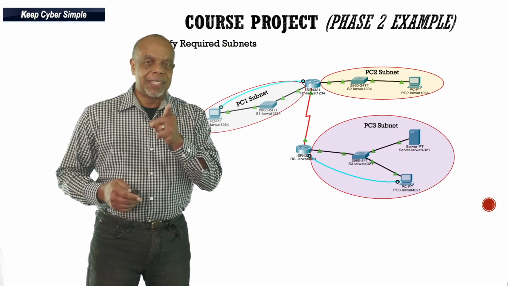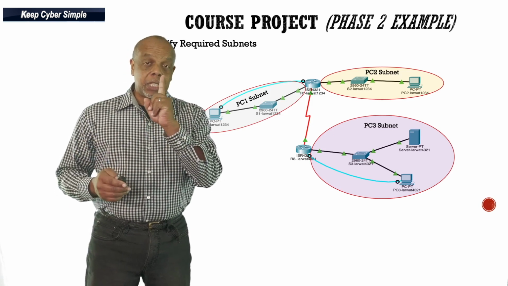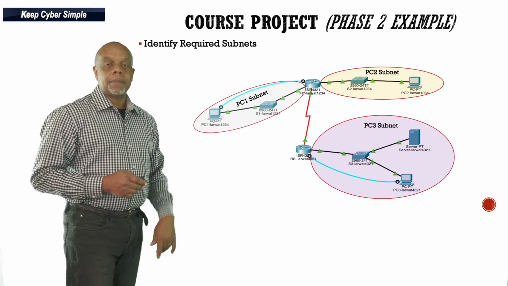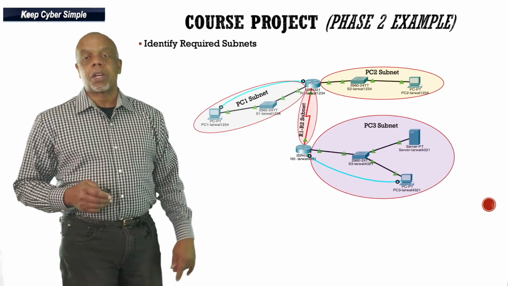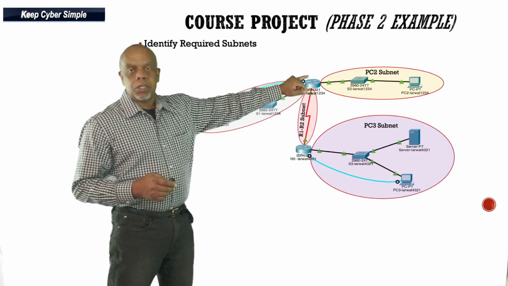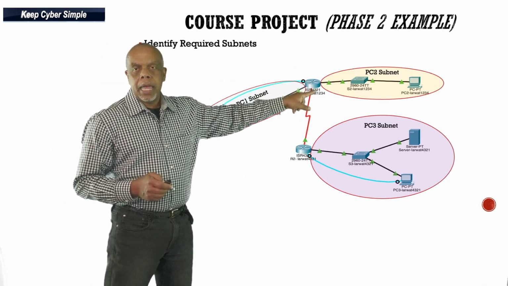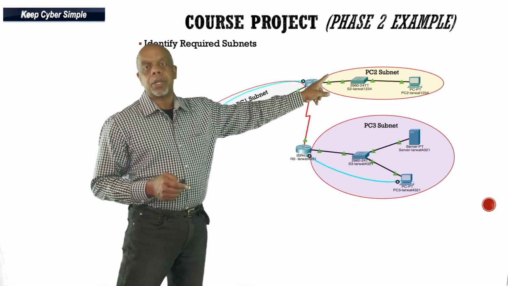Hey, somebody caught that. Yes, because this is many times where a lot of us go astray: there is still one more subnet to be identified here. Where is it? If you said it right there, you are correct. Yes, because you see where these 2 routers connect together? Well, that is a subnet also that's going to require IP addresses, right?